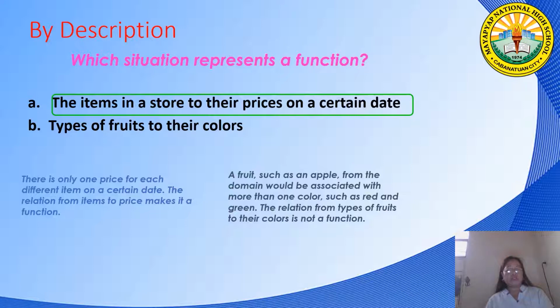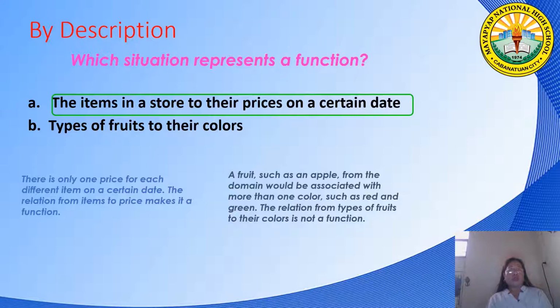The relation from items to price makes it a function. A fruit such as an apple from the domain will be associated with more than one color, such as red and green. The relation from types of fruits to their colors is not a function.